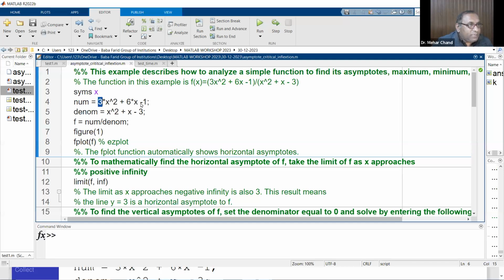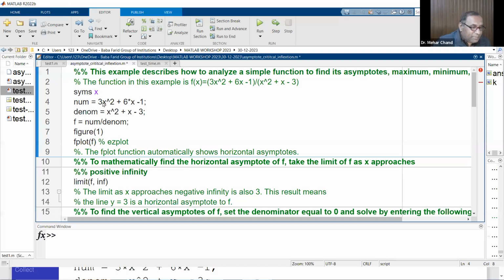Then this is the numerator of the function. In MATLAB syntax, if you write 3x like this, note that it means 3 into x square, so you have to use a product sign.